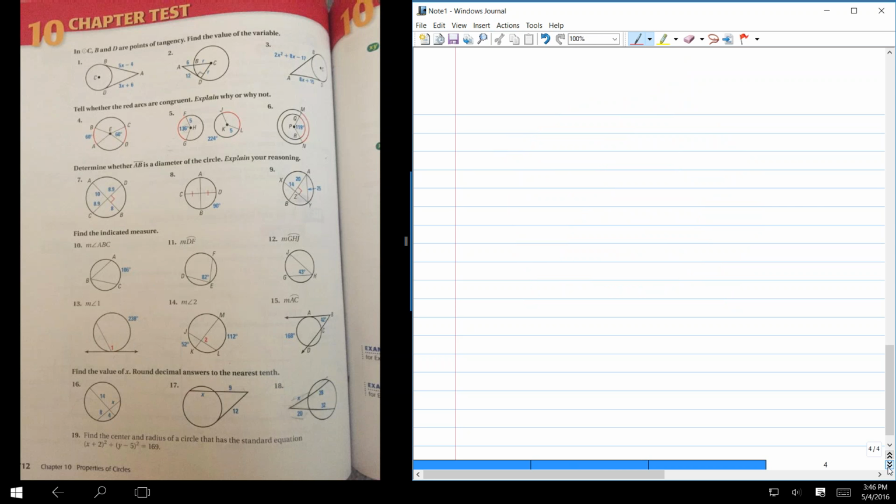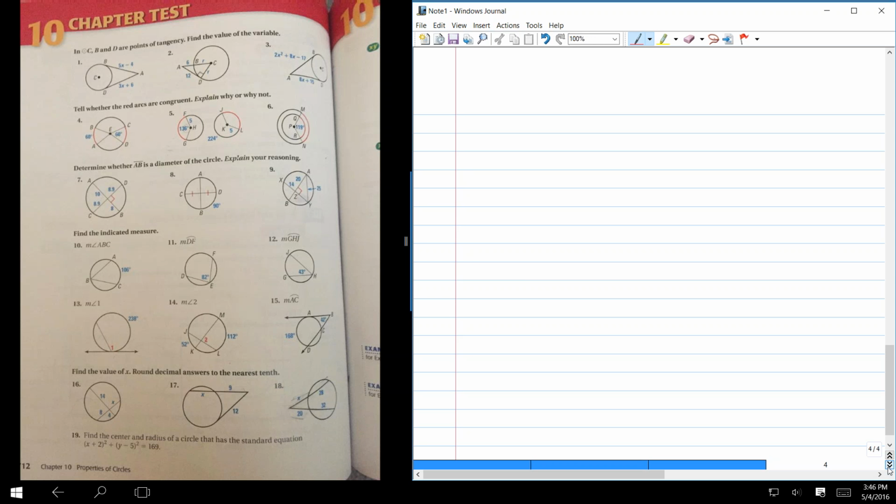Number 10. What's ABC? The measurement of angle ABC. 53. Okay, how about number 11, the measurement of arc DF? 164.